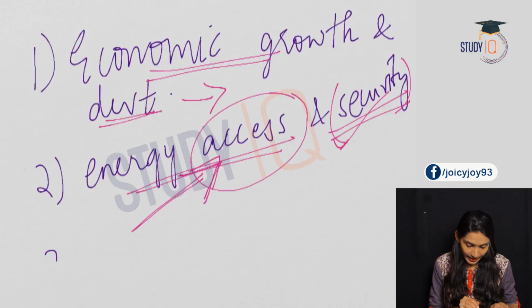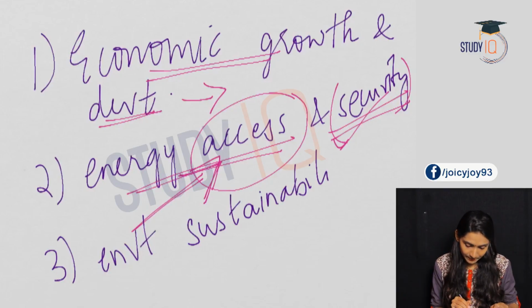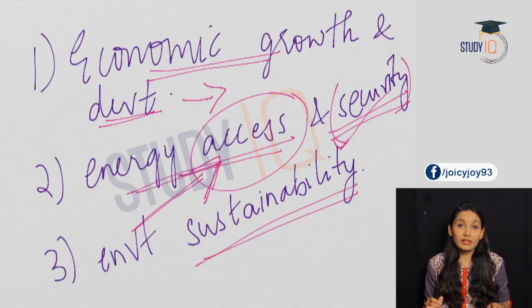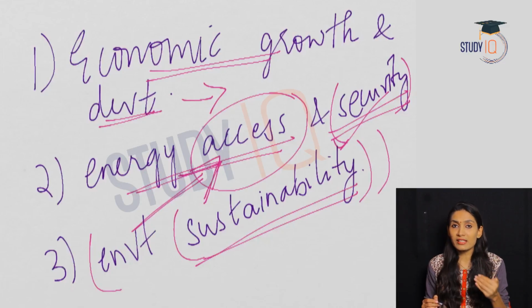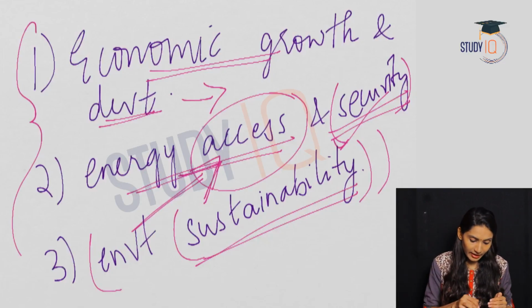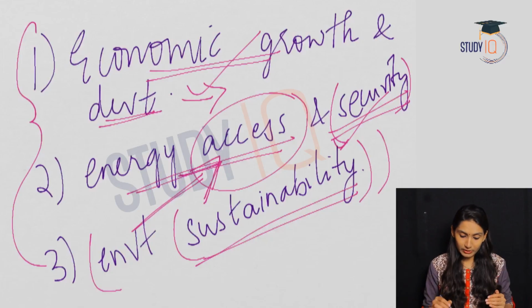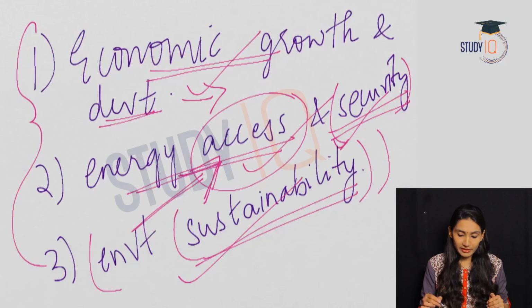And the third one is environmental sustainability. Under this dimension, the World Economic Forum evaluates how sustainable the energy sources in the country are, or how environmentally sustainable the energy resources of a country or the utilization of energy in the country is. So these are the 3 core dimensions: economic growth and development, energy access and security, and environmental sustainability.